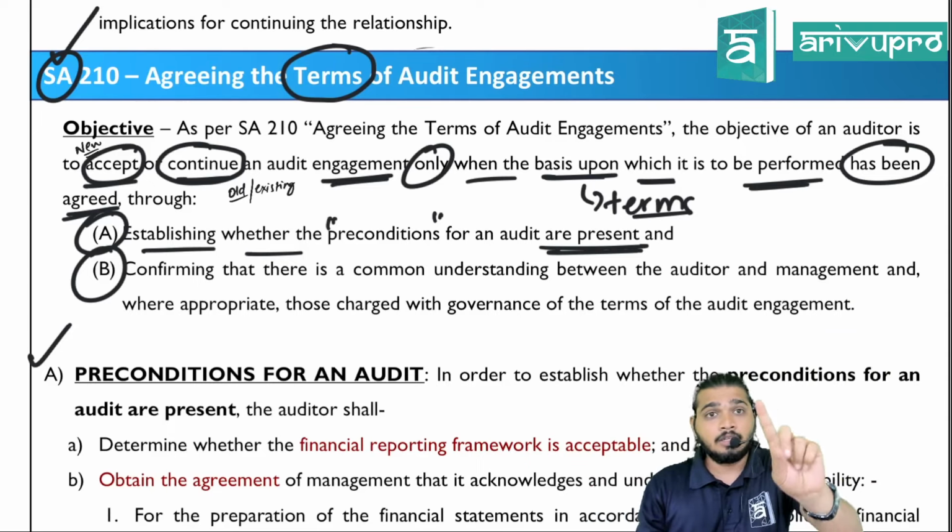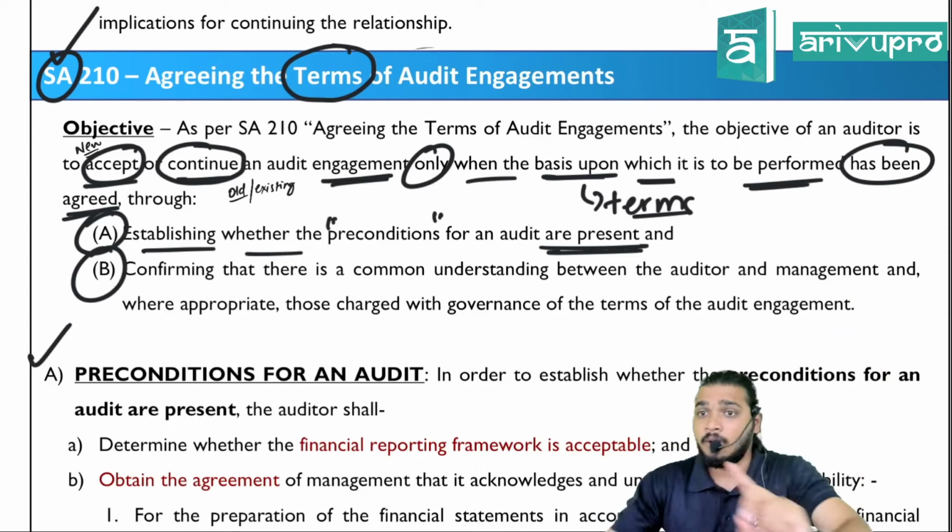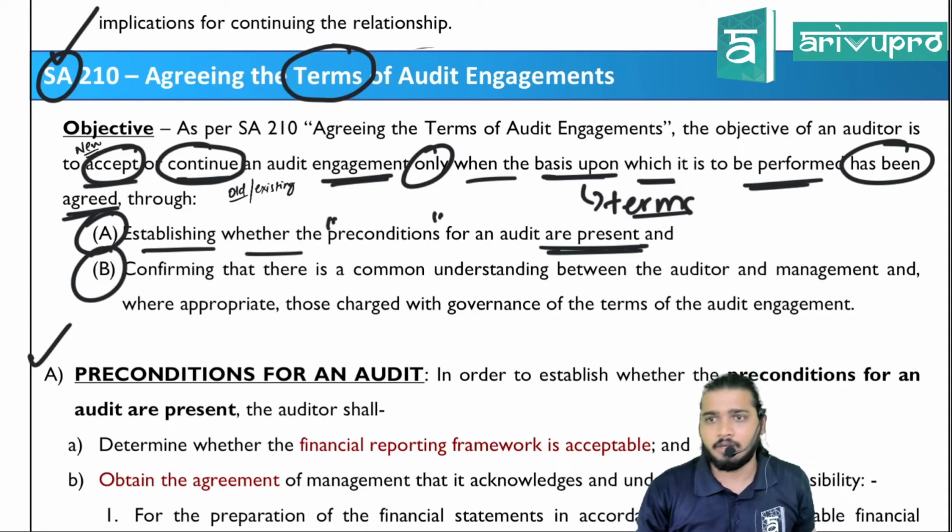The terms were different then, the terms are different now. That is the reason yesterday the terms were communicated to you. Now, it is your decision whether to accept it or reject it. Are you getting my point? So in this scenario, if I take this and put it into audit, SA 210 is coming. If you feel that, no, I don't want this particular term, you can withdraw from the audit.